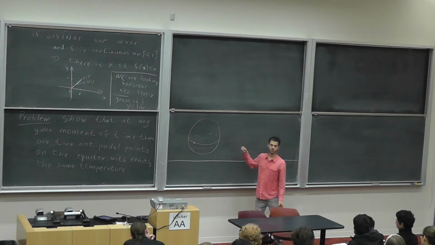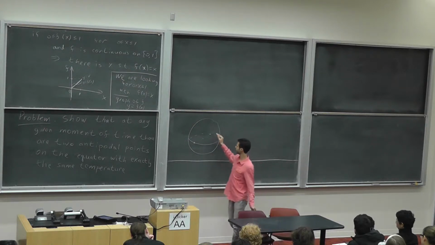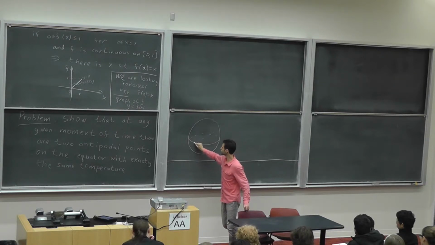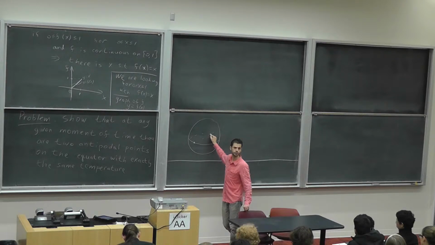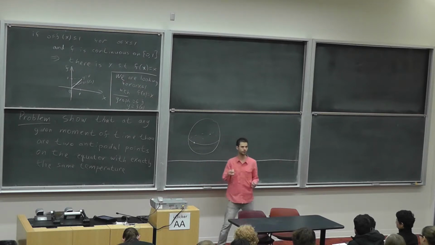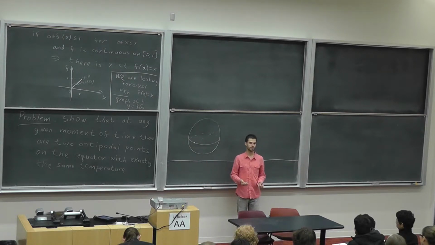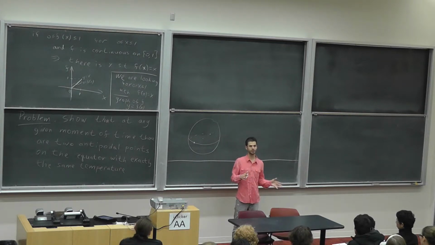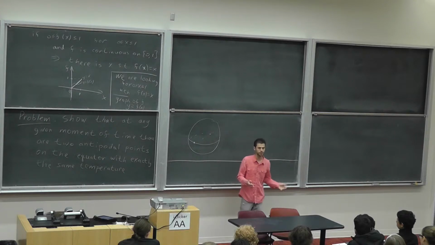Suppose I try to construct an example where the temperature on the opposite side of the Earth is always different from the temperature at the point on this side of the Earth. So let's pick a point here and look at its opposite. The temperature here is either higher than the temperature there, equal, or smaller. If it's equal, we are done.